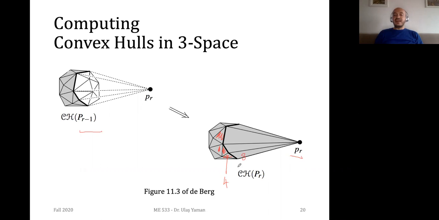If 4 and 8 are coplanar, then you should remove this edge, which is the horizon, and you need to have a new facet. Obviously, this will not be a triangle. It will be a polygon, and this is the only operation you need to do after creating these triangles.